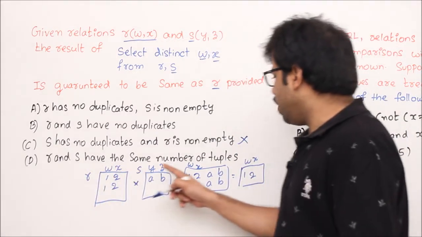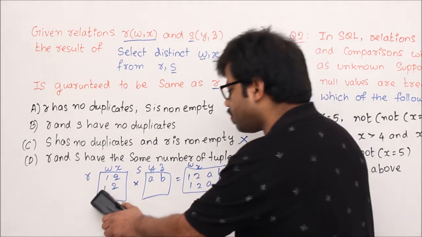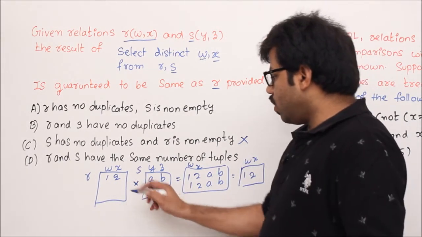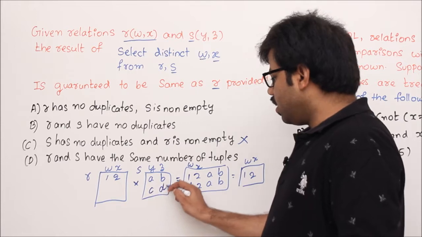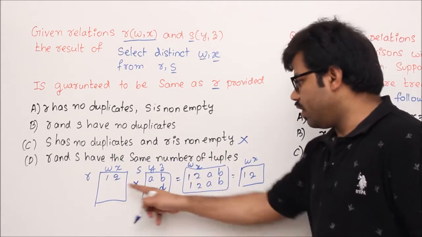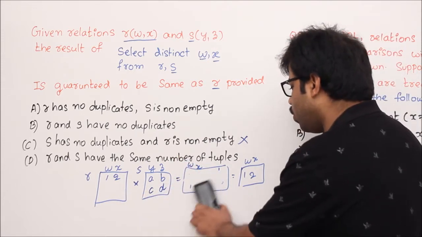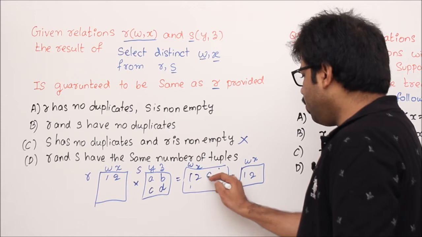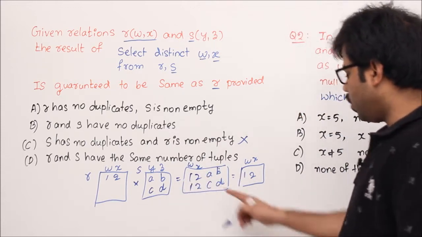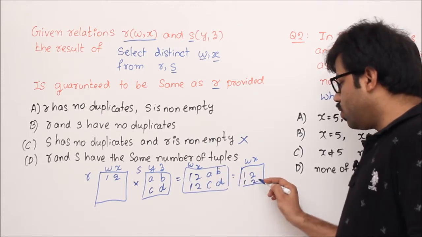Option D: R and S have the same number of tuples. So is it compulsory? Example, let's take only one distinct tuple, 1, 2, and here A, B and C, D. Then let's violate option D, so R and S have different number of tuples, right? Then what will be the output? In the output you get 1, 2, A, B, then again 1, 2, C, D. Then later on you are projecting the WX combination, which is 1, 2 and 1, 2, right?